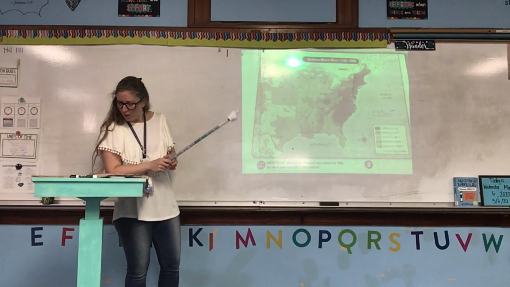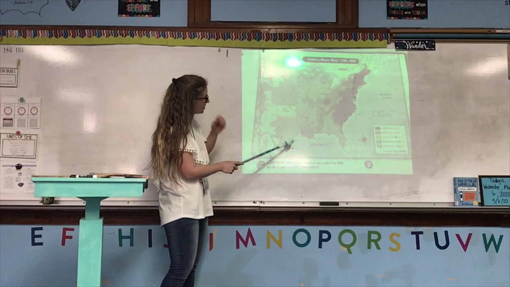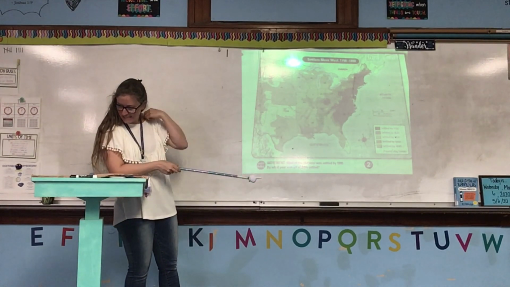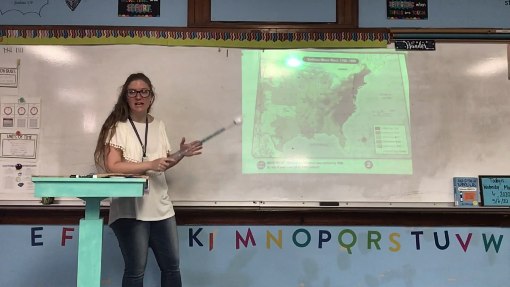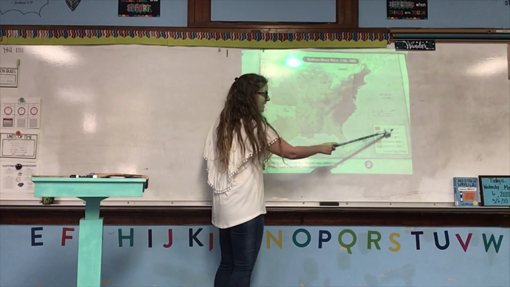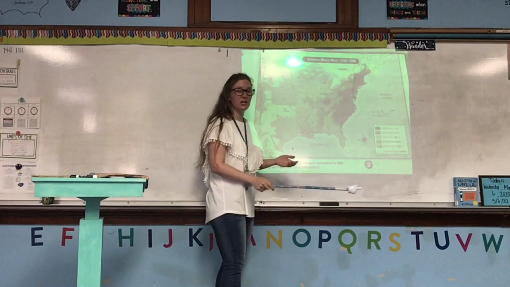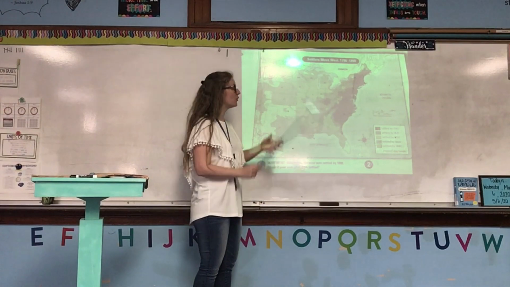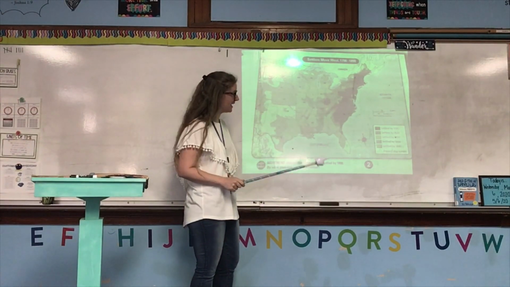little further. We can see that there wasn't as much new settlement between 1850 and 1860 than there was between the other ranges. However, from 1790 to 1820 is 30 years. From 1820 to 1850 is 30 years. So of course there was going to be a lot of settlement then.